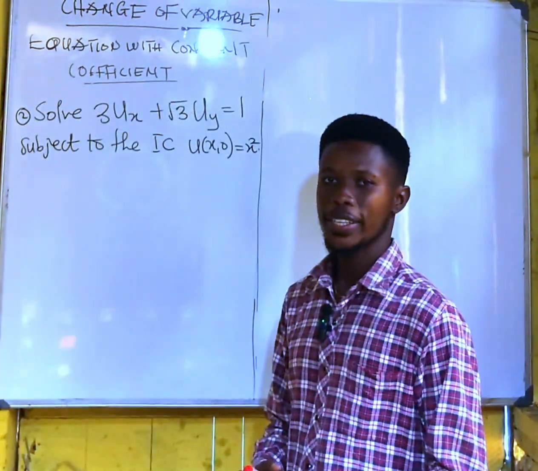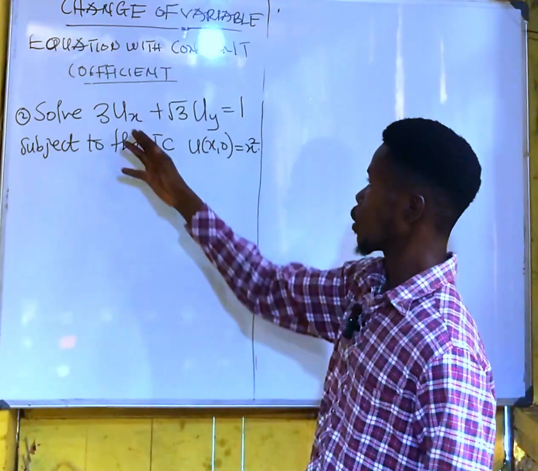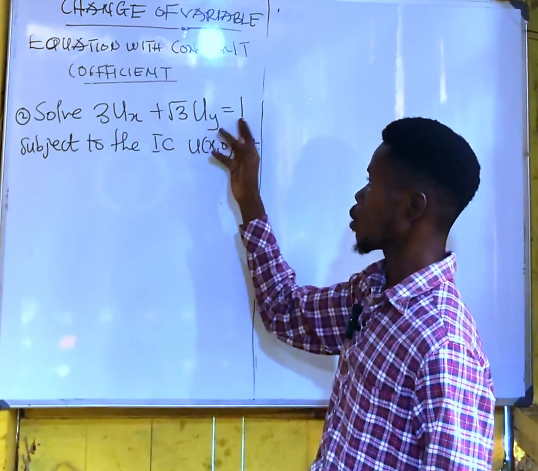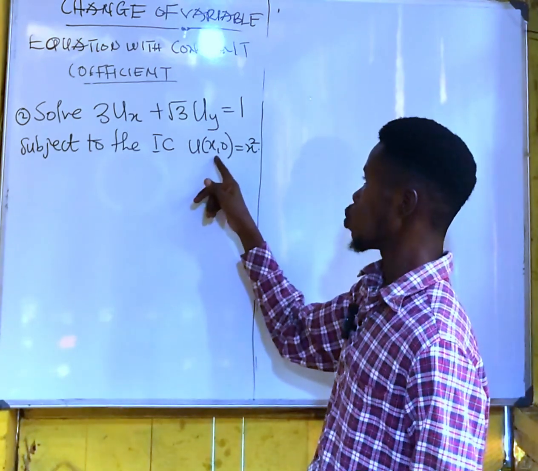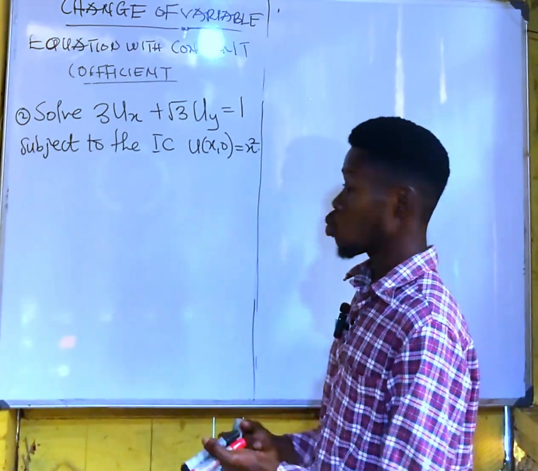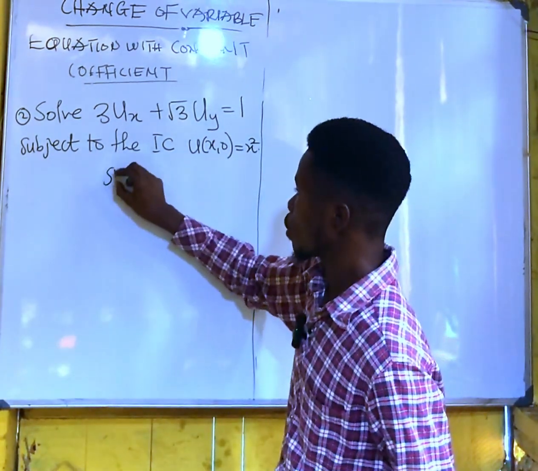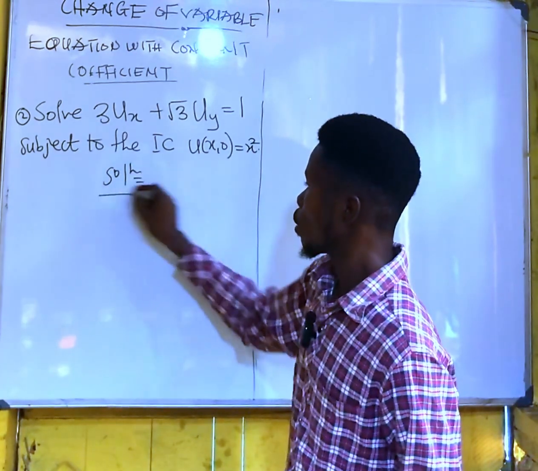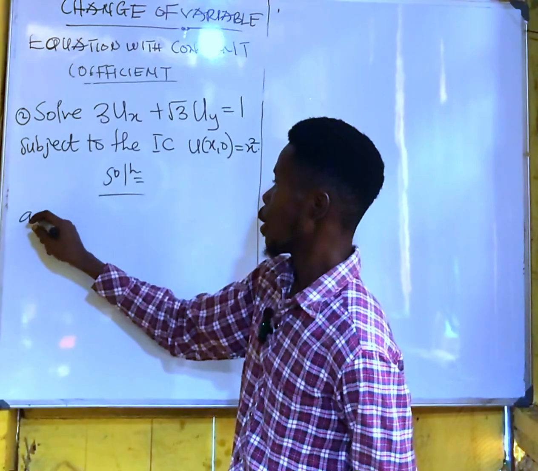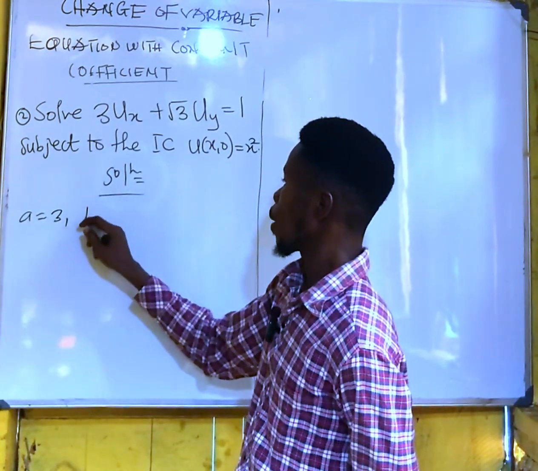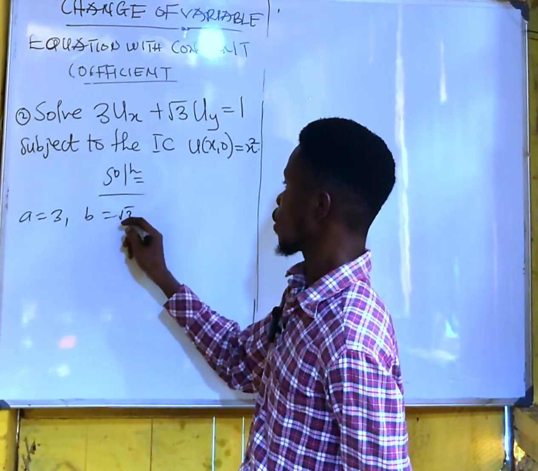Okay, now let's look at the second example. Solve 3u_x plus root 3 u_y equals 1, subject to the initial condition, that's IC, u(x,0) equals x squared. So, if you want to solve this, first you have to be able to identify your a and b. So, my a is 3, my b is root 3.